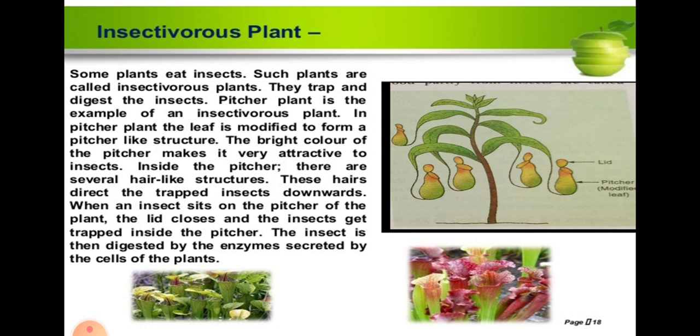Those green plants which obtain their food partially from insects are called insectivorous plants. Insectivorous plants are also known as carnivorous plants. Some examples: pitcher plant, sundew. These are examples of insectivorous plants. Okay.